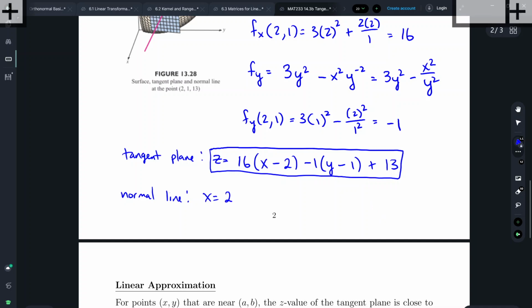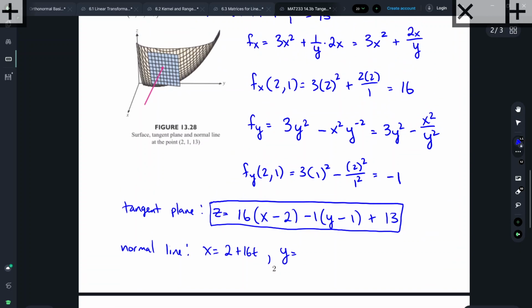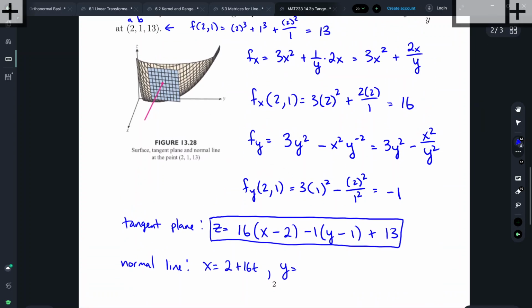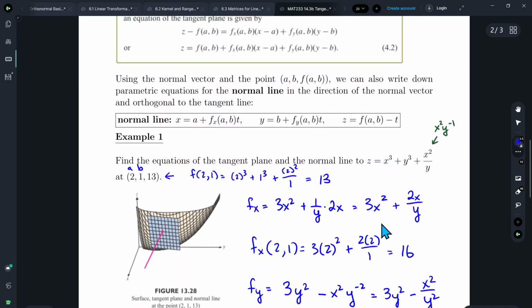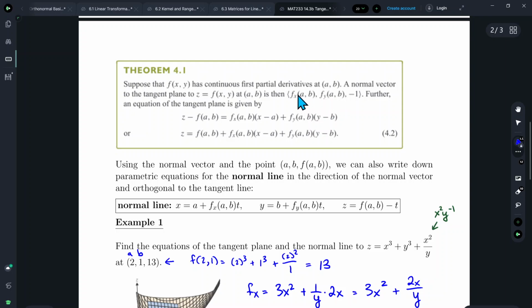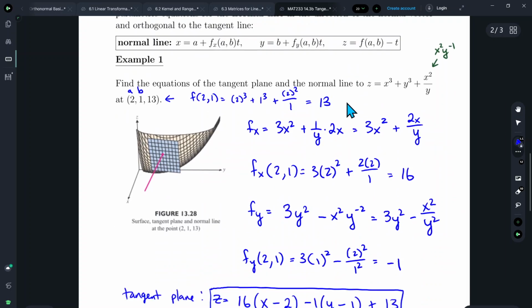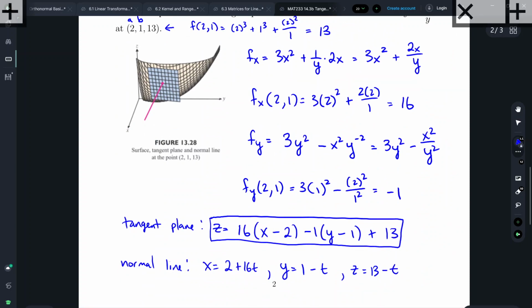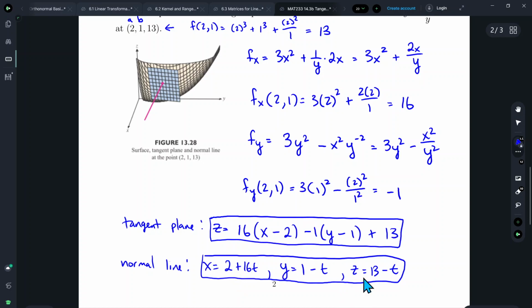So we get plus 16t for x, and then y, the y coordinate was 1. And then the partial with respect to y is minus 1, so it's 1 minus t. And finally z, the z coordinate was 13. And then if I take these two as being positive, then this should be a minus. So this would be a minus t. Okay, so that's the parametric equations for the normal line.